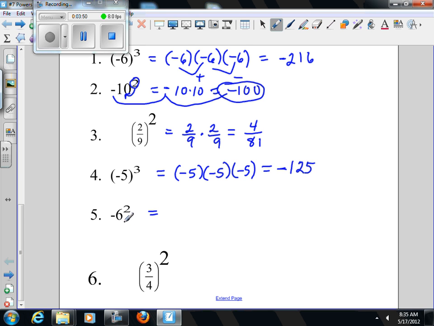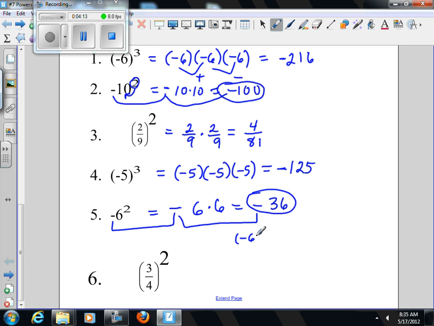Now, let's take a look at this next one. We have negative 6, not in parentheses, squared. So this, again, means we're just dragging along the negative, and we're going to say 6 times 6, which gives us 36. But again, drag that negative along and put it in front, so we get negative 36. Now, I know it's not written down here, but just say, for example, I had negative 6 in parentheses squared.